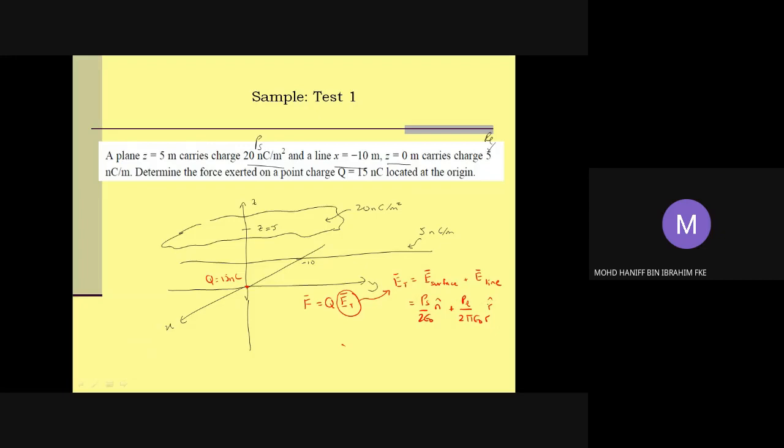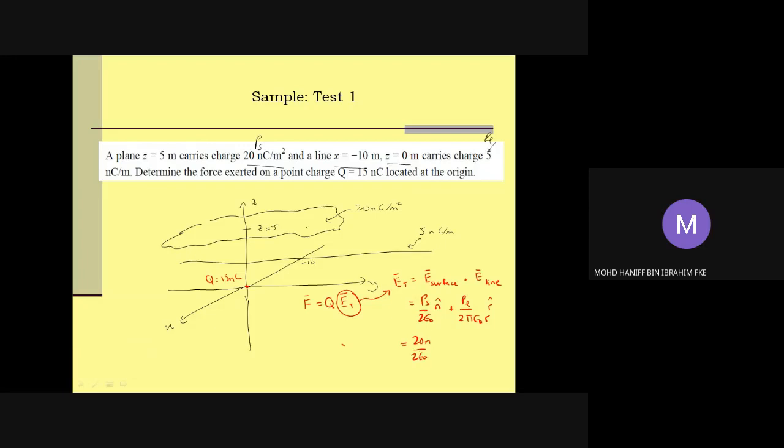Okay, right. So we can simply substitute the respective normal unit vector, the unit vector of R, and also the distance of R with respect to the obtained sketch diagram here. So we can write that rho s should be equal to 20 nanocoulomb, so I just put 20 nano here over 2 epsilon naught.